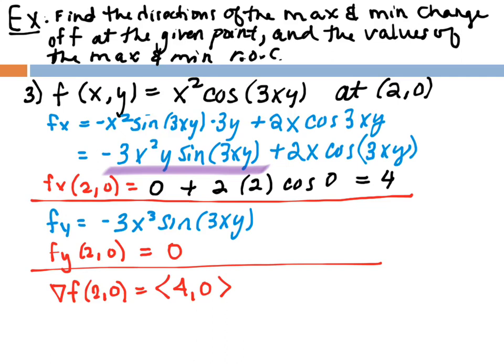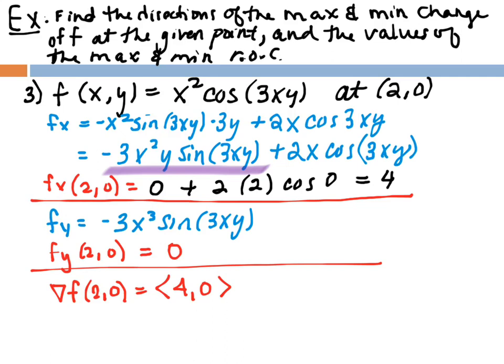Okay, that's actually very nice. If you've got a gradient vector where there's a 0 in one component of it, then finding the magnitude is virtually free, right? What's the magnitude? 4. Just 4. Remember, this is basically saying we're going 4 in the x direction. Think about going along the x-axis and going out 4. How long did you go? Well, 4, because that's your vector.